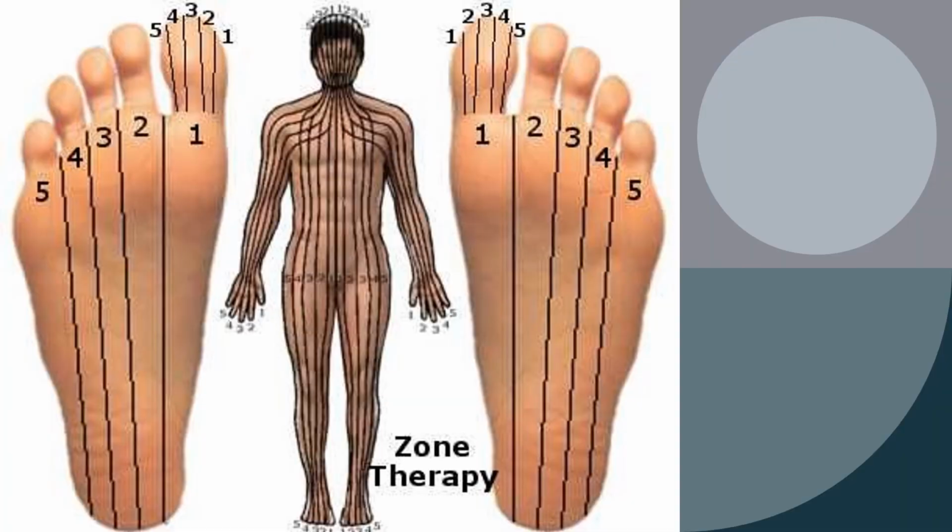Here we have the zone therapy chart illustration, and it's pretty much agreed upon in terms of how the zones are located on the feet. And as you can see, the big toe has all the zones represented.